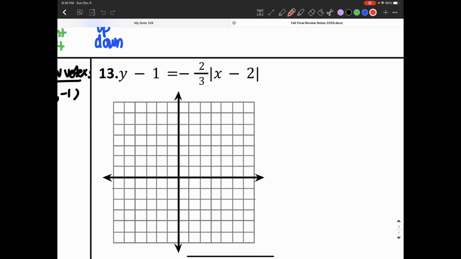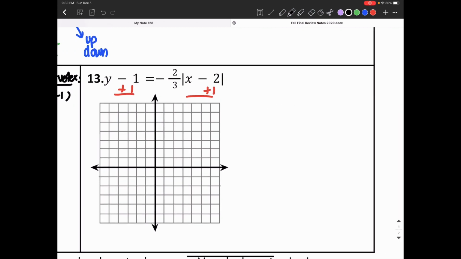So I'm going to get the y by itself by adding 1 on both sides of this equation, and I'll end up with y is equal to negative 2/3 times x minus 2 plus 1. Then I'm going to look at the transformations. The first thing I notice is I have plus 1, which means I'm moving up 1. I also see minus 2 inside, so that means I'm moving right 2.